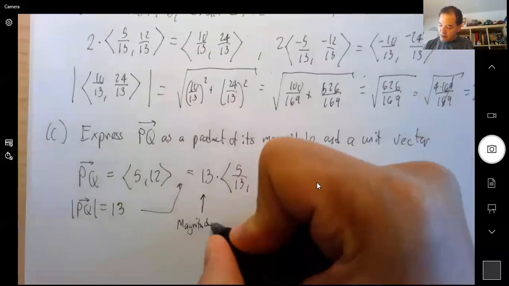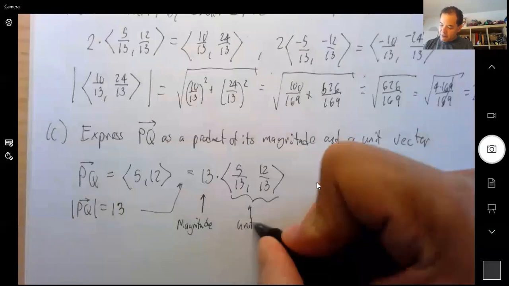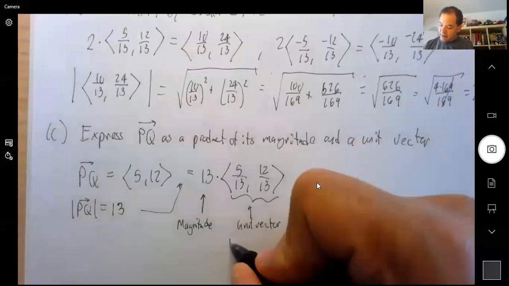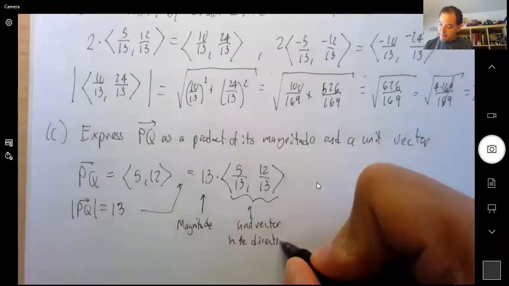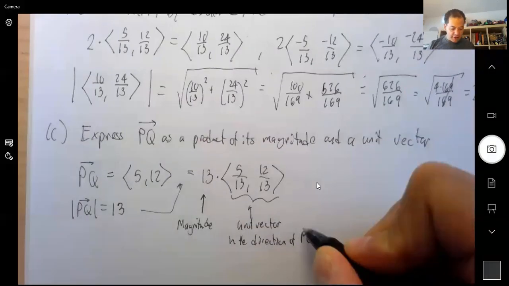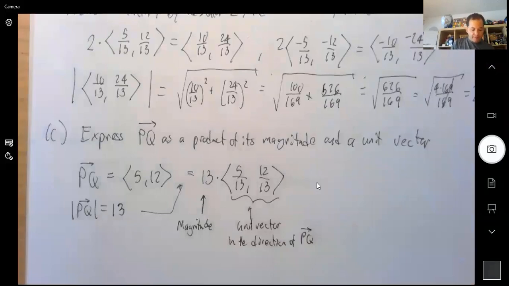And this is a unit vector, the unit vector in the direction of PQ. Is that clear? All right.